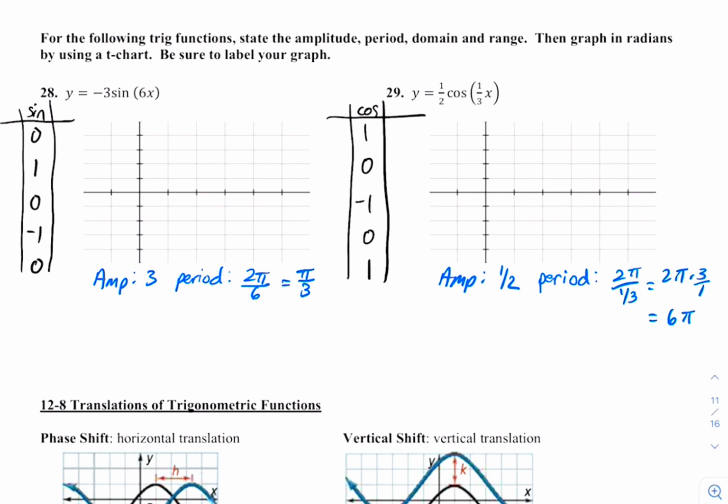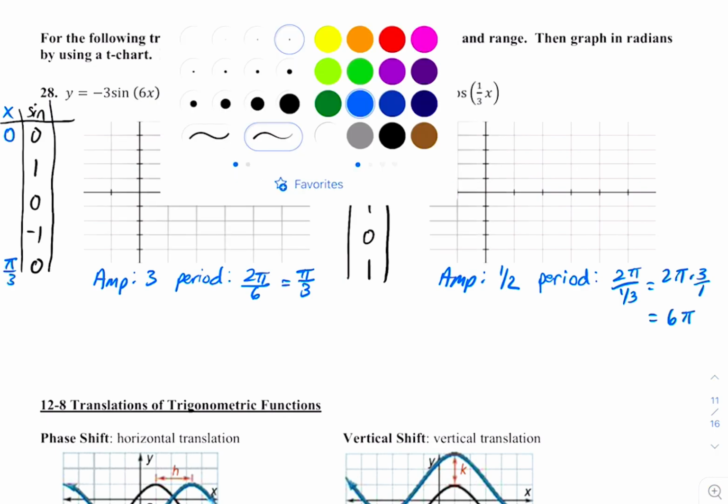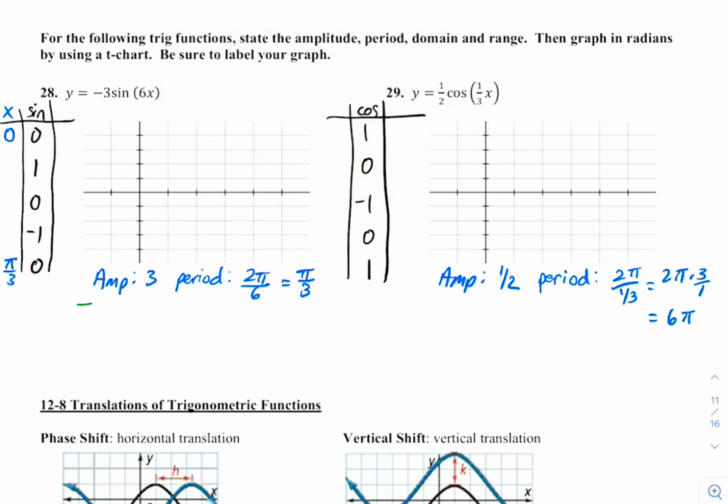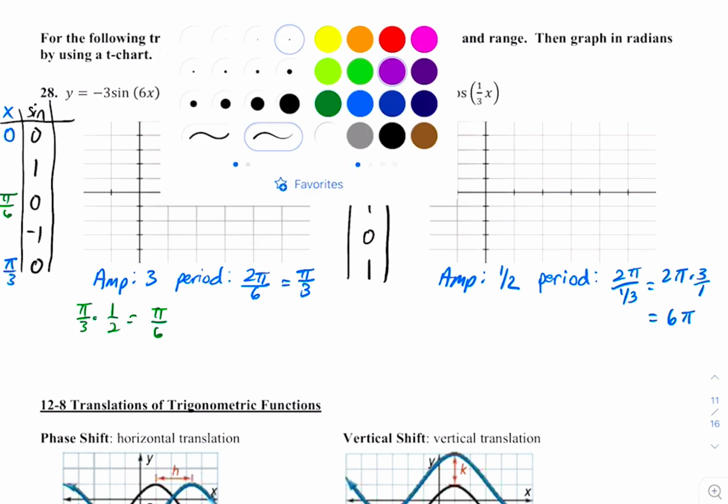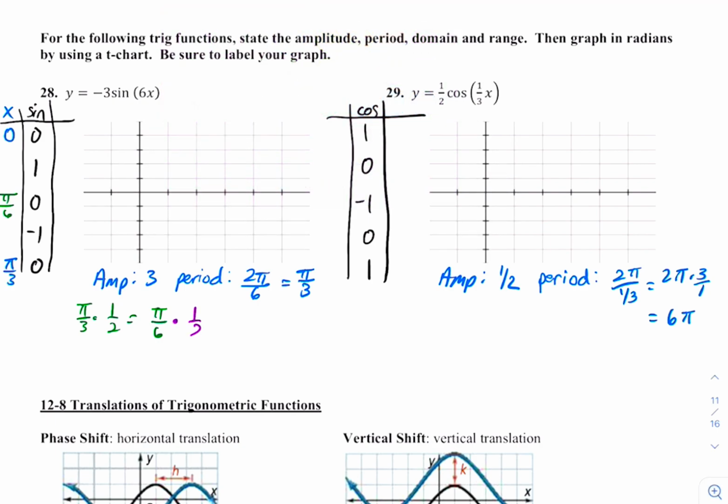Okay. So I'm just going to do my x's first. So remember, for the x, that's always with the period. So we're going from 0 to pi over 3. And then I'm cutting that in half. So really what's happening is we are taking pi over 3 times 1/2. So this will be pi over 6. And then I need to cut that in half again, so multiplying by that 1/2, so this will be pi over 12.